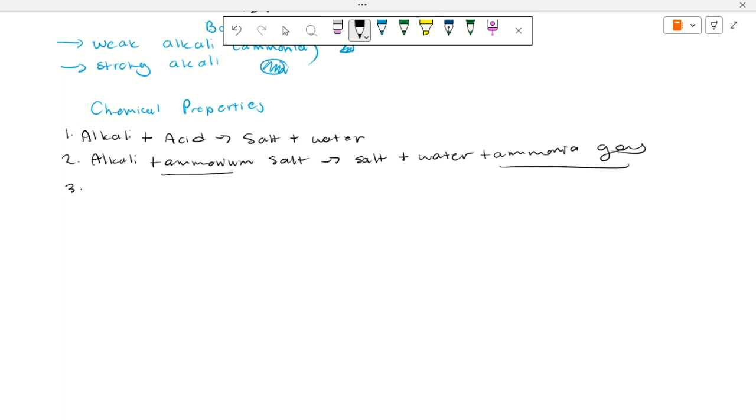Okay, so number 3, alkali plus metal ion is going to be insoluble metal hydroxide plus cation from alkali.